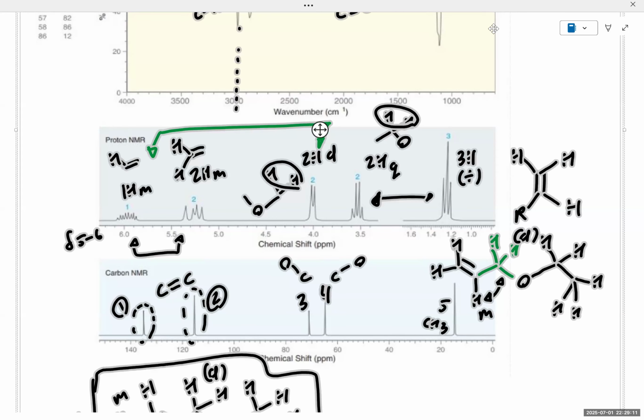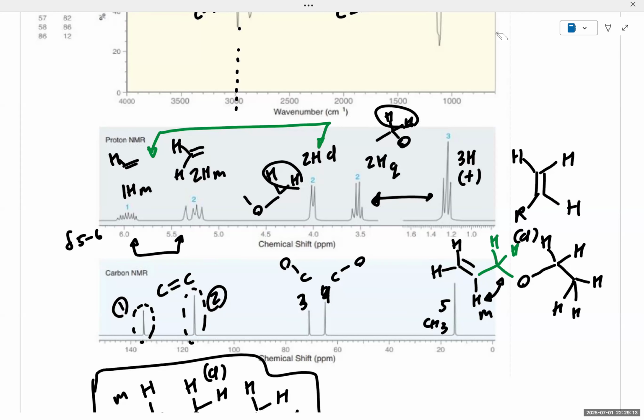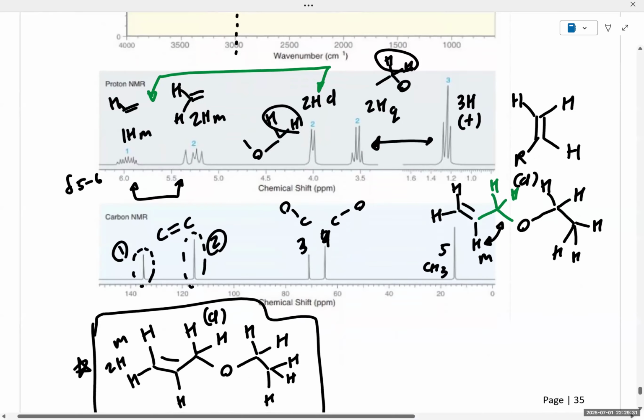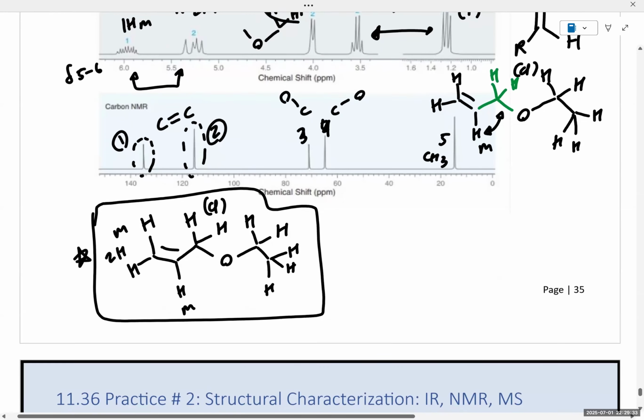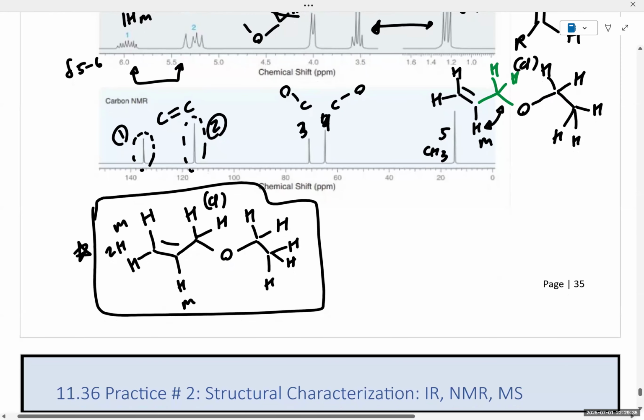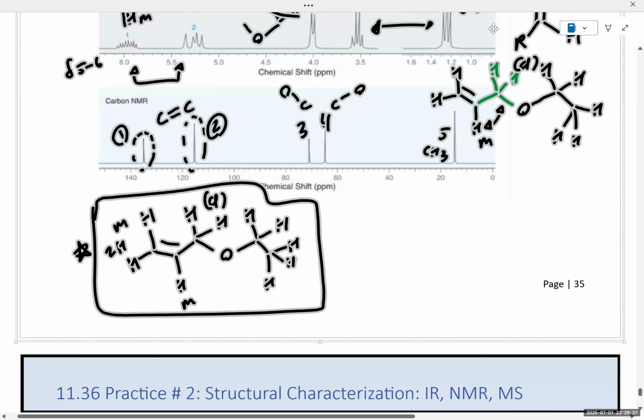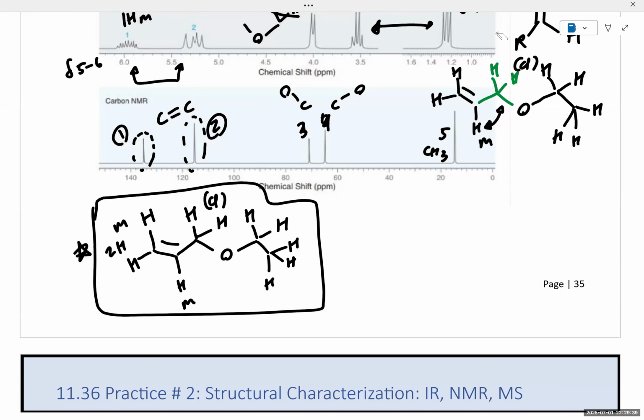The CH2 and CH3 group are adjacent, and this vinylic proton as well as this proton adjacent to this carbon-oxygen bond must be adjacent because this proton is a doublet, which means it's only adjacent to one other chemically unique hydrogen. This in turn yields the following structure, which we in turn verify matches our proton and carbon NMR spectra.